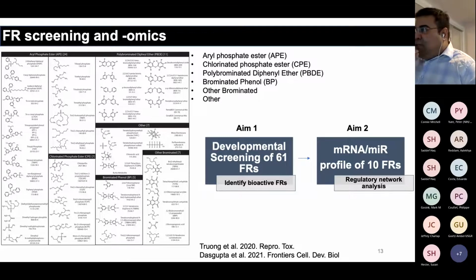Our first aim for this project was to perform a developmental screening of 61 different flame retardants and identify bioactive flame retardants. And aim two of this project was based on this developmental screen: identify 10 different flame retardants and perform mRNA and microRNA profiling of these 10 flame retardants to understand their molecular regulatory network.